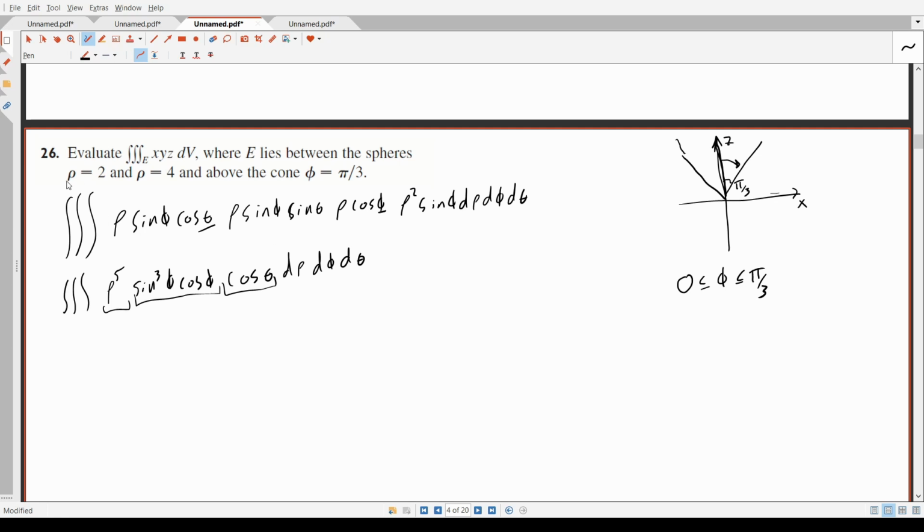But we're also told that rho goes from 2 to 4, so that means it's going to look like this. So rho goes from 2 to 4, so that's from here to here. That's also kind of immediate.